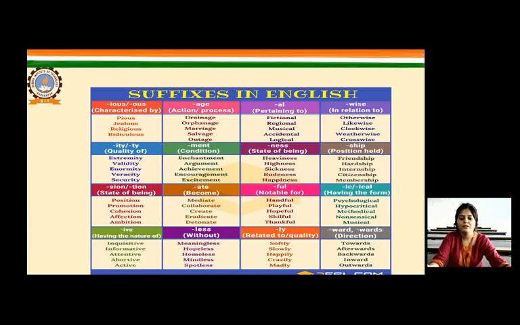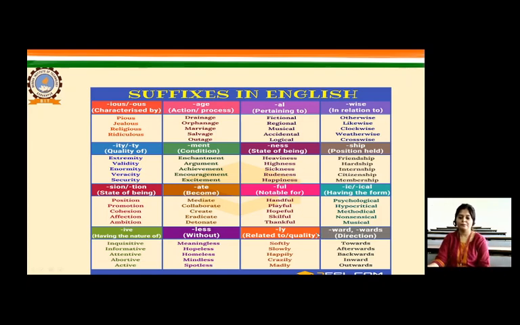Also we have ion, like position, cohesion, affection, ambition, and similarly we use ate as in mediate, collaborate, eliminate. Then we have full as in playful, thankful, skillful, and we have the meanings also, like less, which means without, so we are using hopeless, meaningless, homeless, someone who's without a home, and spotless, without any spot.